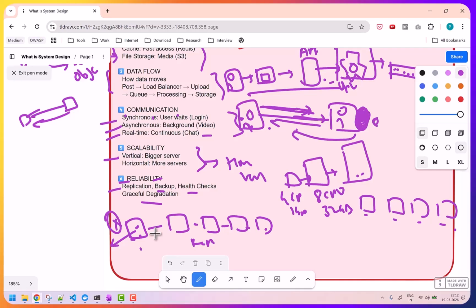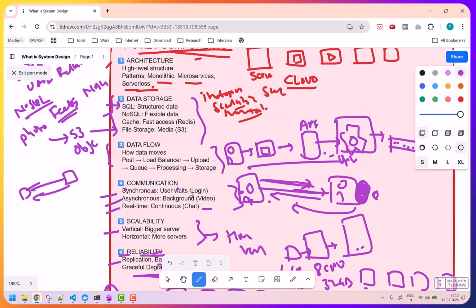Then backup. We also need to take a backup of the data. If something happens to this, we should have data to restore it, right? Then we should have health checks. Then graceful degradation. All these things come under reliability. We need to think of reliability when it comes to system design. So these are the 6 components which we need to think thoroughly whenever we design a system for any application.